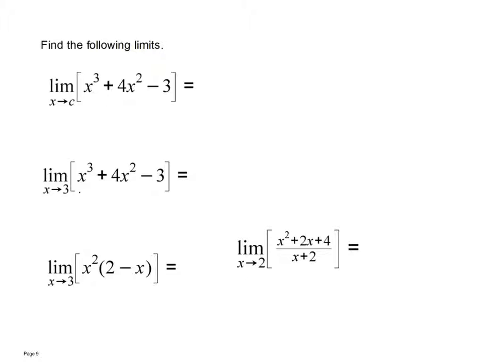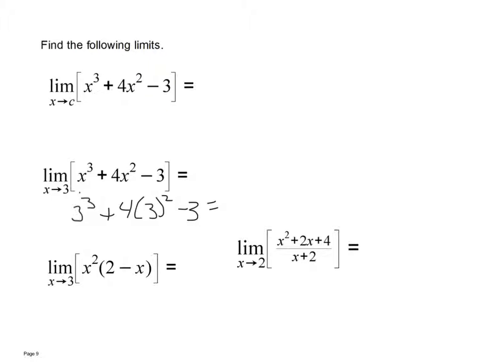For this x to the third part, that's 3 to the third. For 4x squared, you put in the 3, and you get 3 squared. And you can add these values together. And the limit as x goes to 3 of negative 3 is just minus 3. So you can find each of those values and then add them all together, and you get your limit because you get your value.